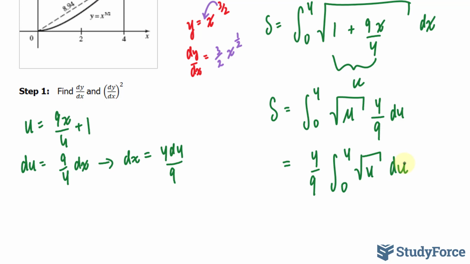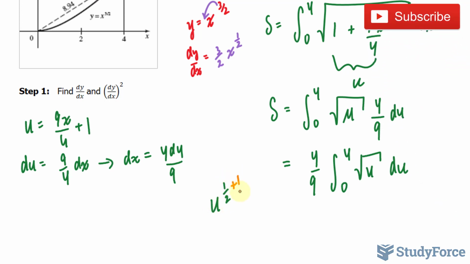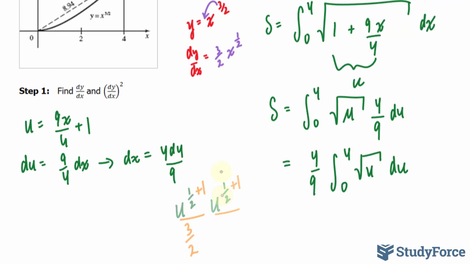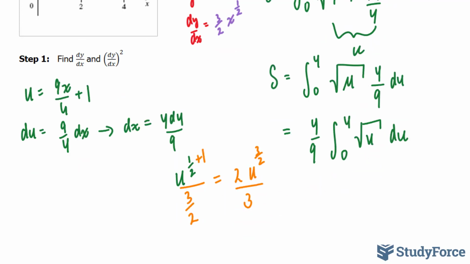The integral of the square root of u is the following. U to the power of half, we add 1 and divide by the sum of this, which is 3 over 2. This ends up becoming 2 u to the power of 3 over 2 over 3. That's the integral of this function.